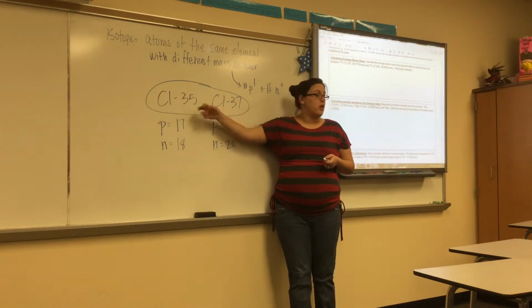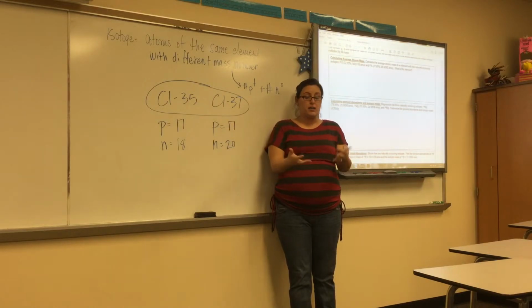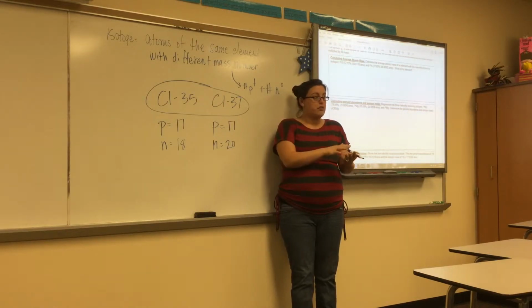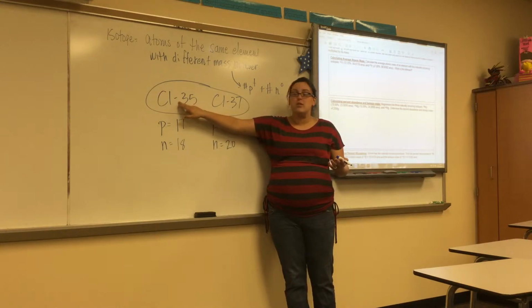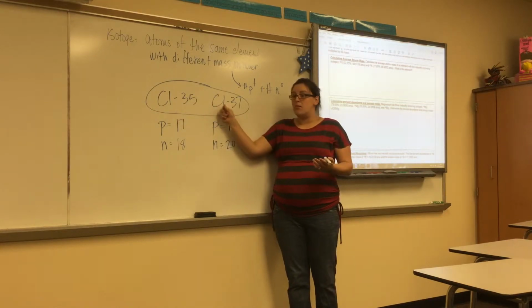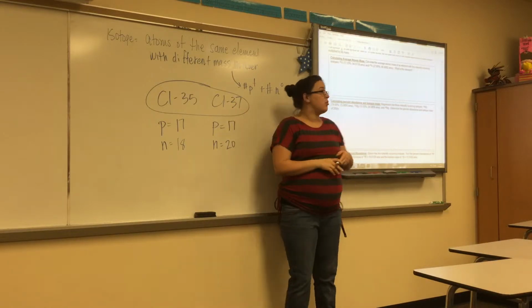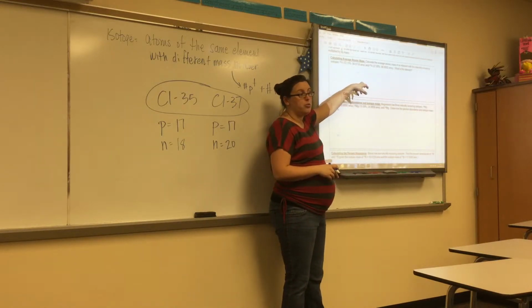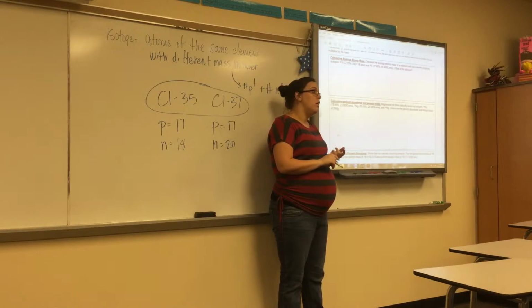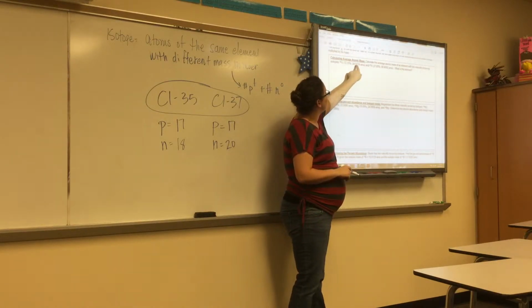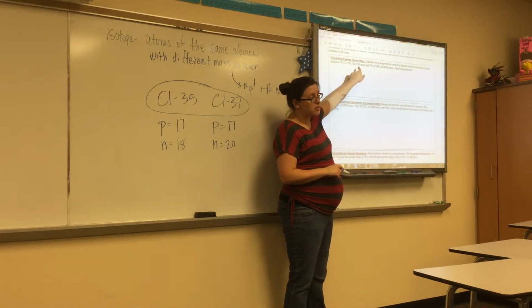These are isotopes of each other. Okay, so if I had a sample of chlorine, parts of that sample may have some of these atoms in there. Some of them may have the chlorine-37. That make sense?